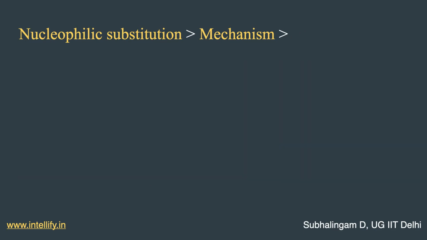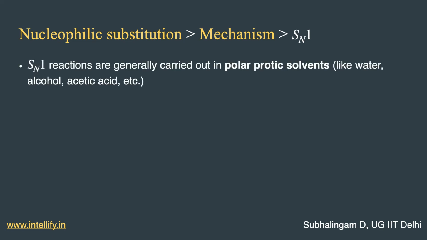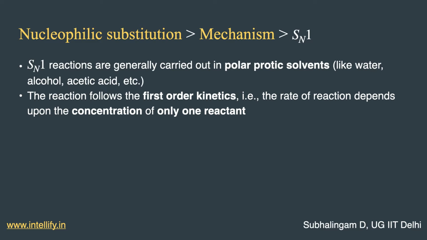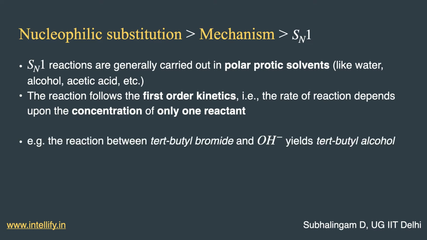Now let's move our discussion to SN1 reaction. SN1 reactions are generally carried out in polar protic solvents like water, alcohol, acetic acid, etc. The reaction follows first order kinetics, that is, the rate of reaction depends upon the concentration of only one reactant.